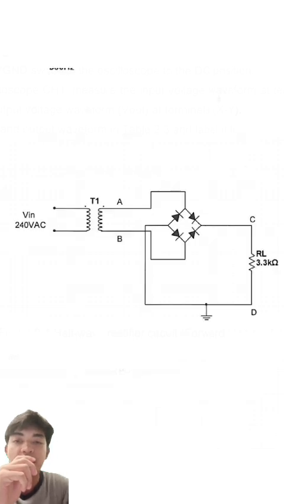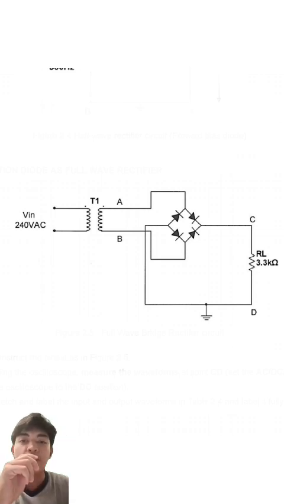Okay, the second rectifier, which is the full-wave rectifier. Okay, this is the second picture, the full-wave rectifier. Okay. A full-wave rectifier uses either a center-tapped transformer with two diodes or a bridge rectifier.